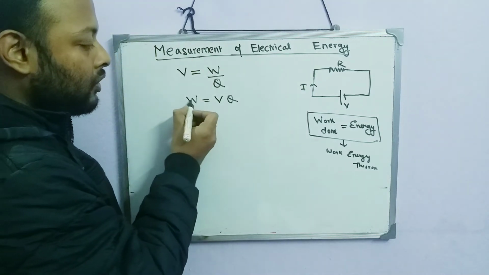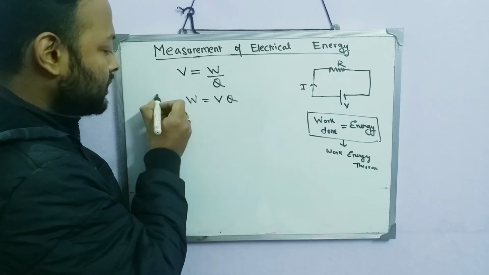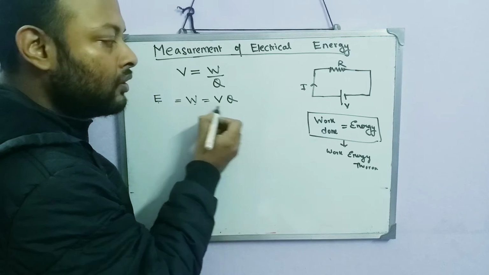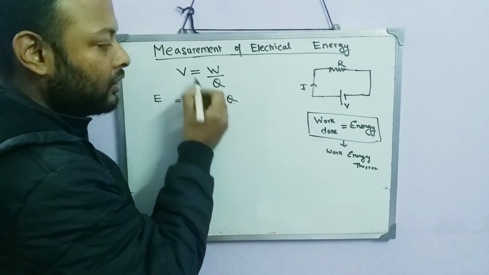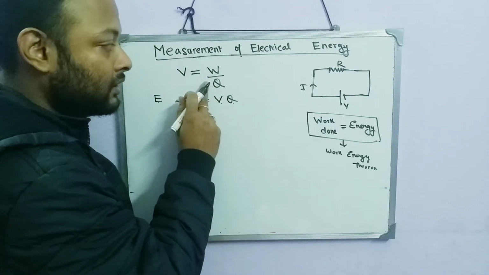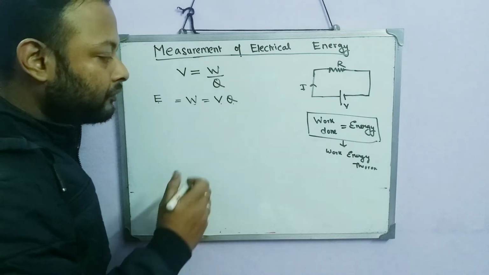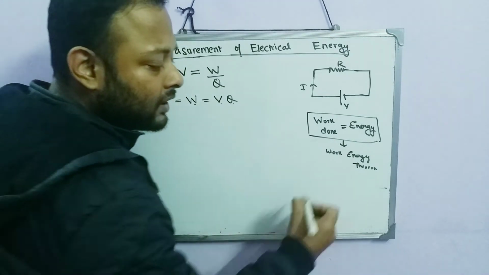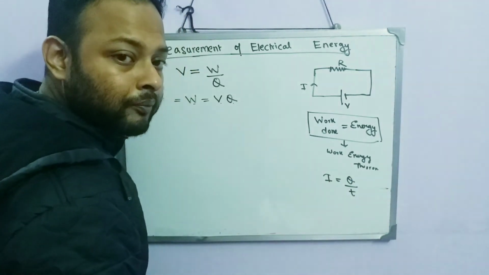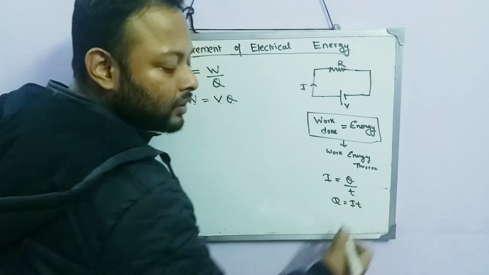So this work done, I can also represent by E, because energy is equal to work done and work done is equal to V into Q. We got this V into Q from the previous classes, that potential is equal to work done by charge. Now, we know one formula, that current is equal to charge by time. So charge is equal to current into time.